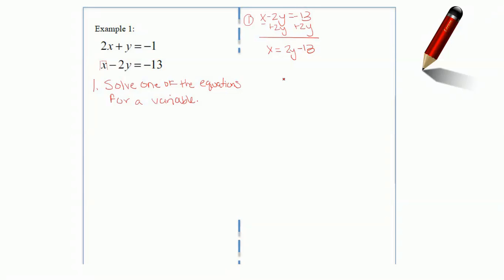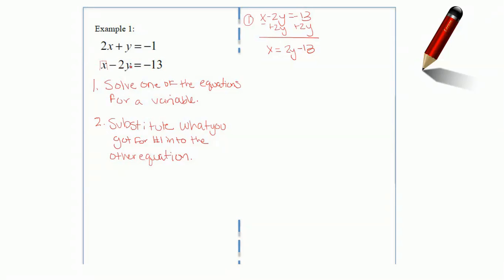Now let's continue. What you're going to do for your second step is substitute what you got for number one into the other equation. Okay, so we solved this one, right?